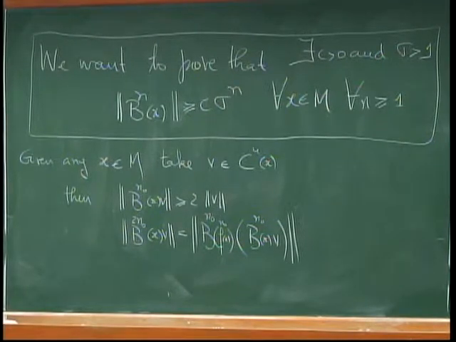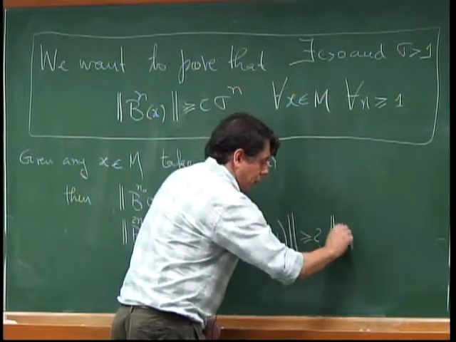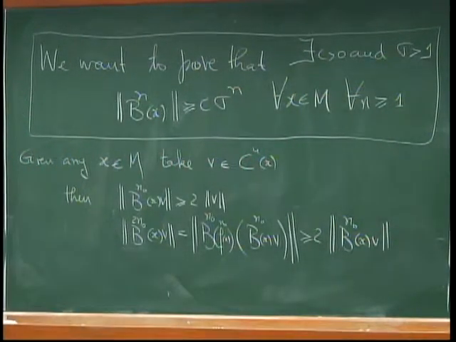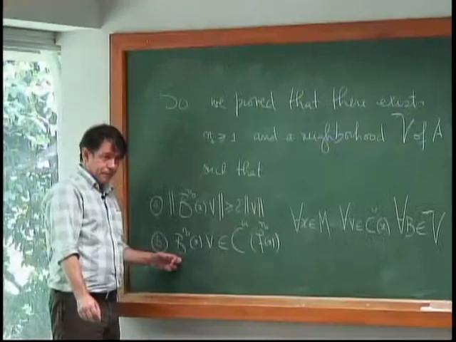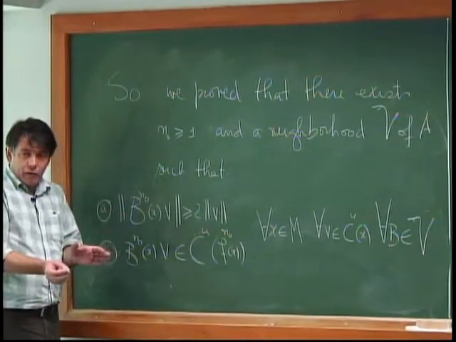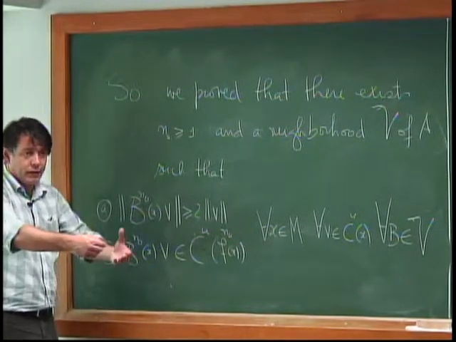Very good. B^n0 x of v belongs to the unstable cone of f^n0 of x. So this is bigger than 2 times the norm of B^n0 of xv. Because of this and because of this, we know that vectors in the cone get multiplied by 2, and we also know that at the end, they are still in the cone.